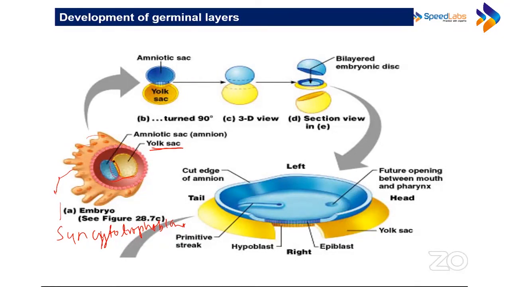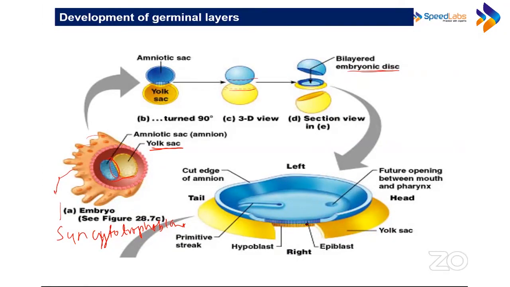This portion they are magnifying and showing you. So this turned 90 degrees. Amniotic sac is above, and a 3D view of this portion. Just look at this. So this is the bilayered embryonic disc having the hypoblast and the epiblast, and a sectional view of this.